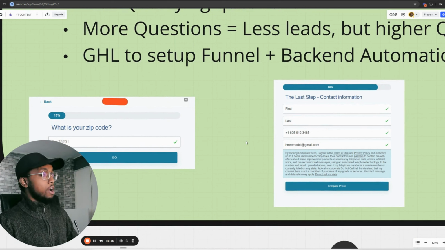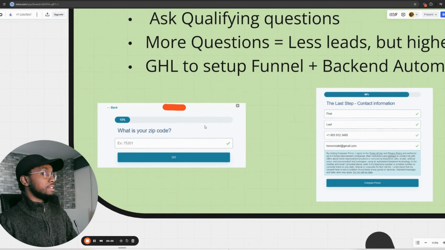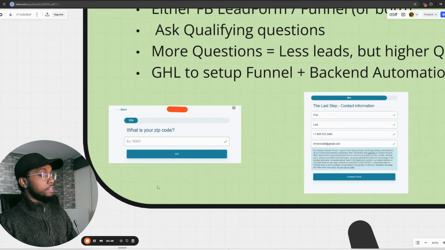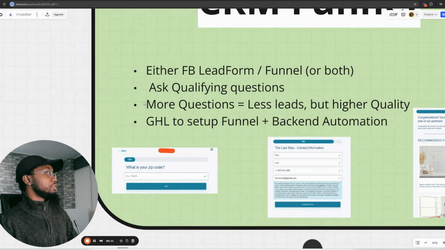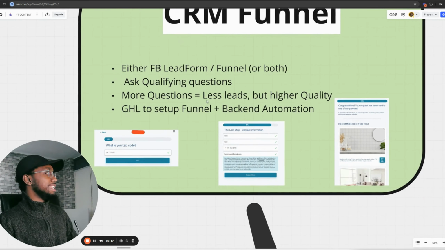For example, how urgent are they with the remodeling, right? With the job? Do they immediately want to get something remodeled, or is it not really urgent at the moment? So ask those qualifying questions that you want to ask them. And more questions lead to fewer leads, but higher quality, because they have to get through multiple questions and they have to put in more and more effort.